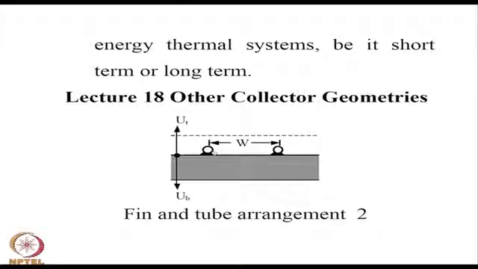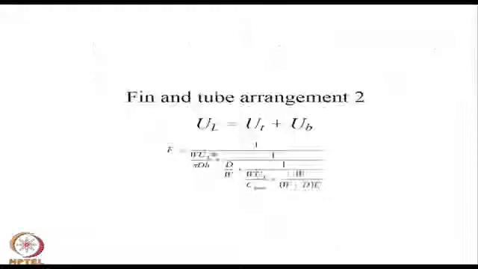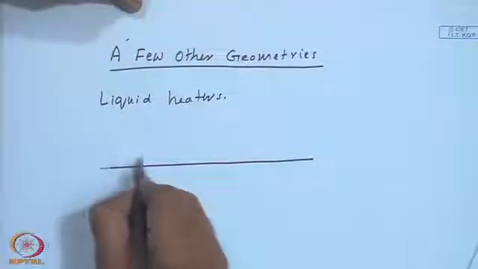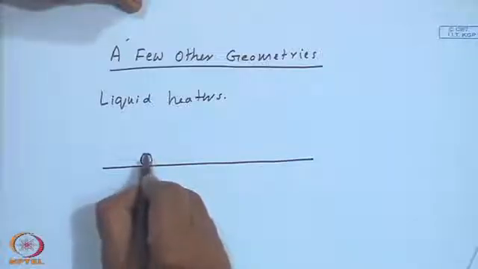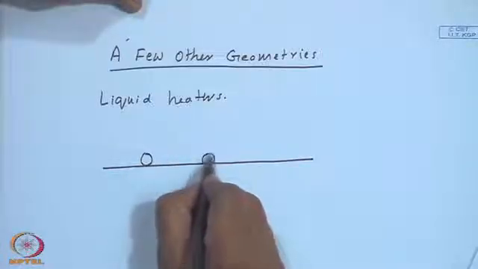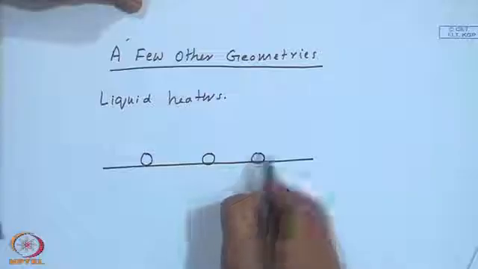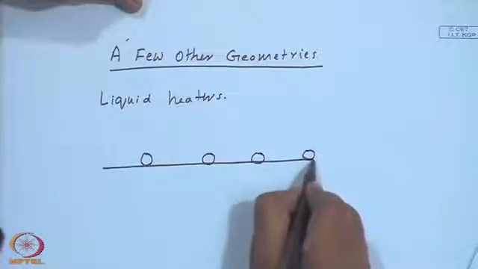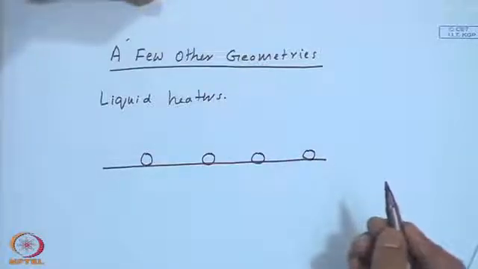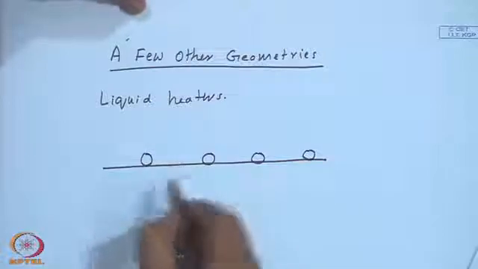Suppose you have an arrangement like this, that is the absorber with the tubes on the top, soldered or welded with a good bond.